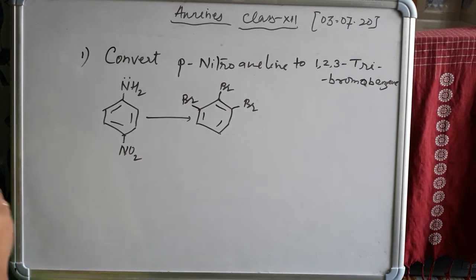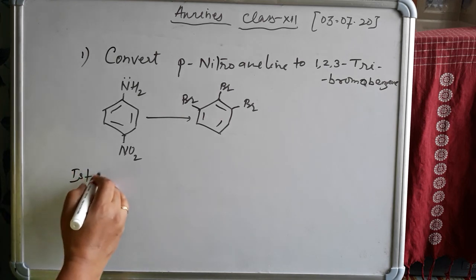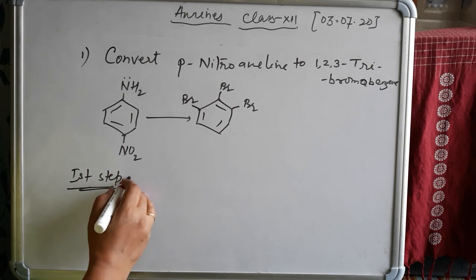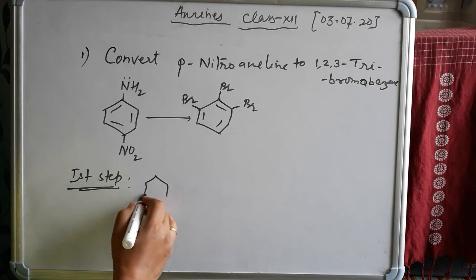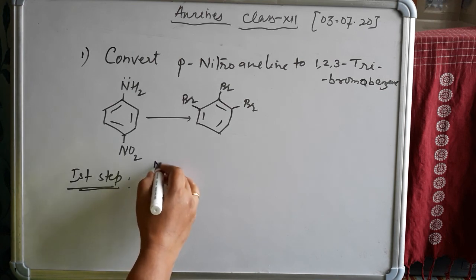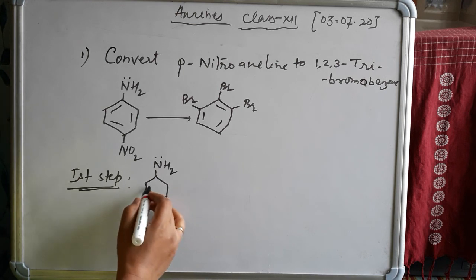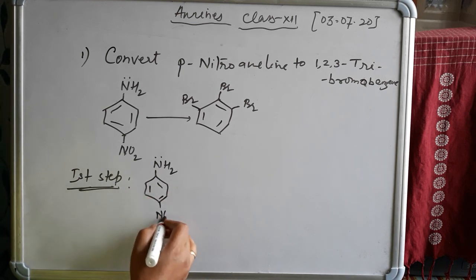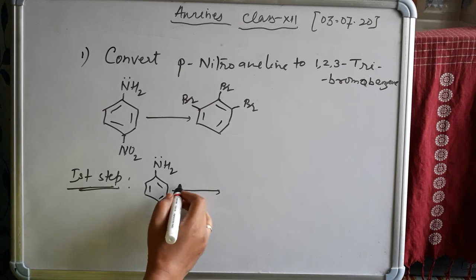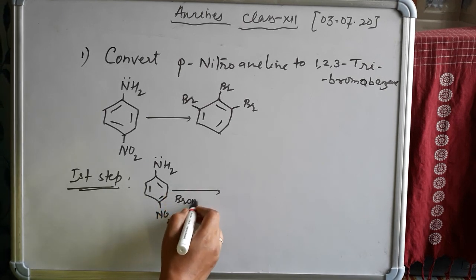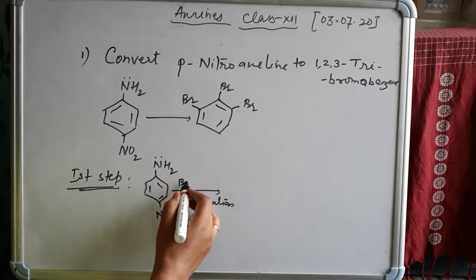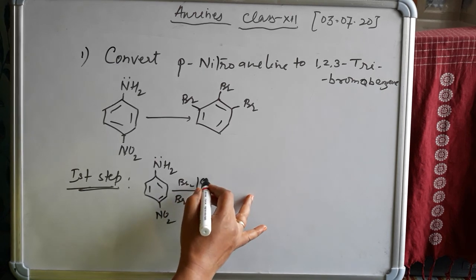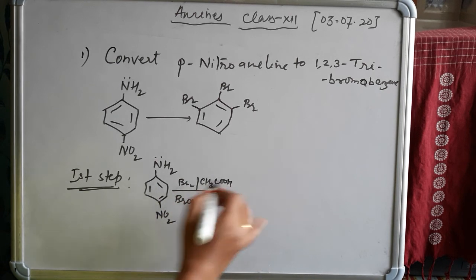So what happens in the first step? How will our conversion proceed? At first, we know that NH2 is the activating group. So NH2, NO2 undergoes bromination. Since this is the activating group, bromine is substituted at all the positions, with bromine in CH3COOH.